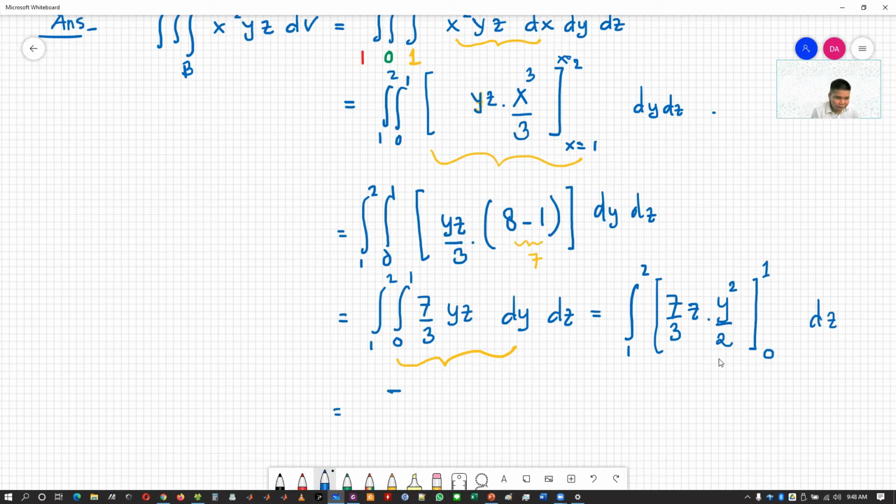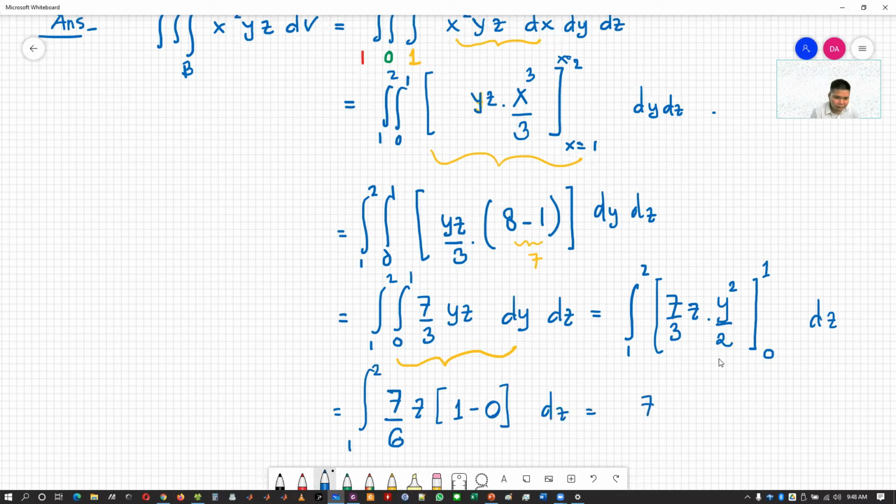I have 7 over 6. 3 times 2 is 6, and then this is a z, and then the y itself is from 1 squared minus 0. Okay, this is this one. And then I integrate with respect to the z boundary.